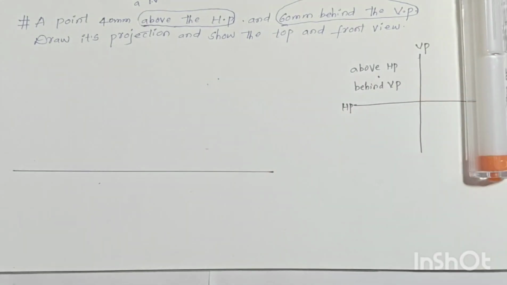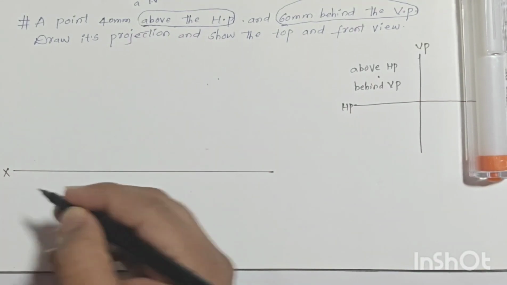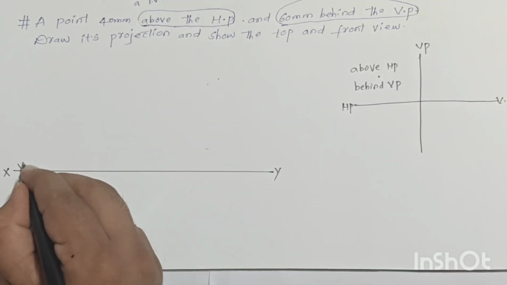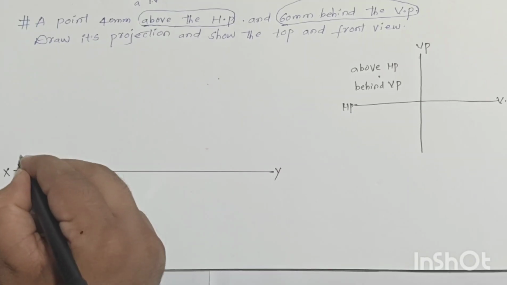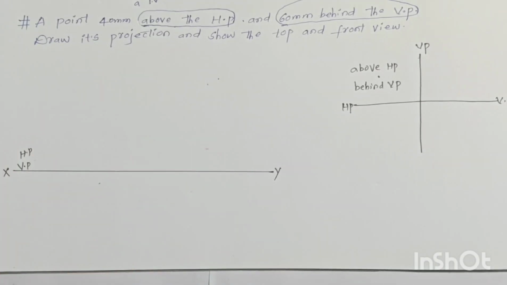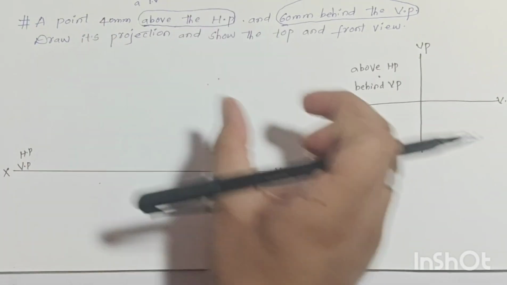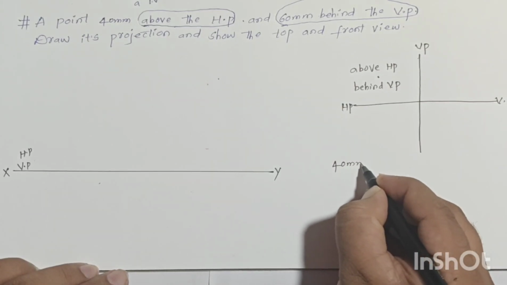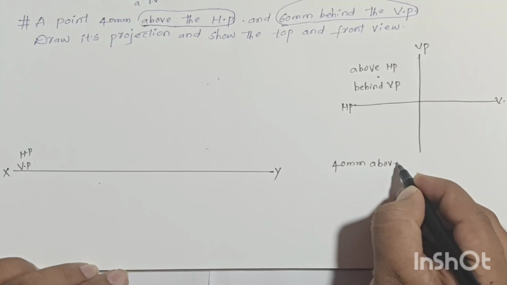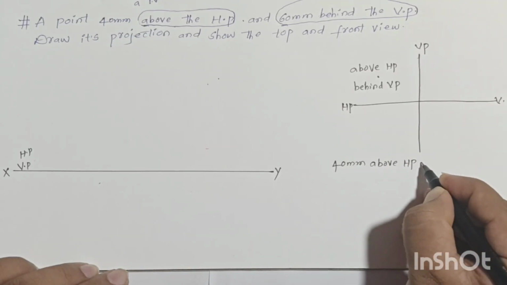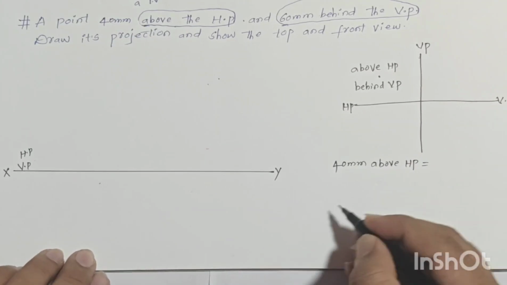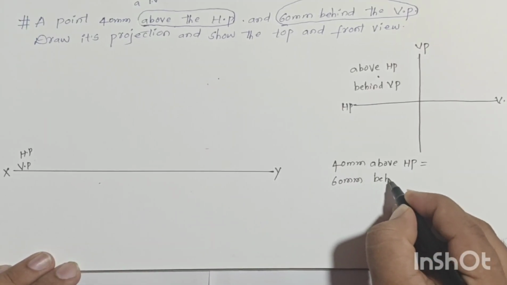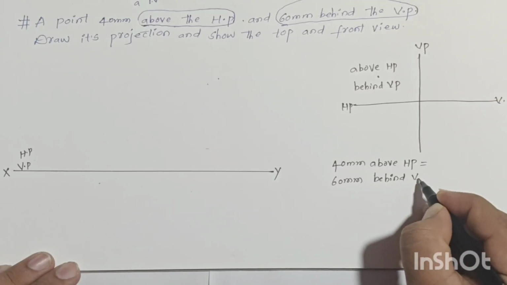Clear? We need to represent here X and Y. VP and HP are above the reference line. You know very well. Same thing we have to write here for your understanding: 40 mm above the HP and 60 mm behind the VP.